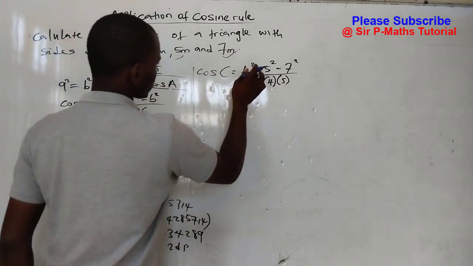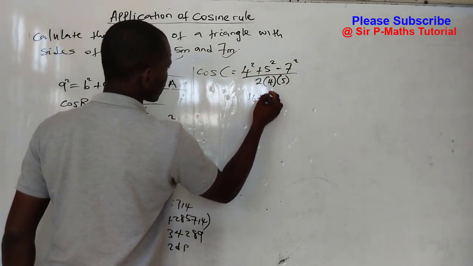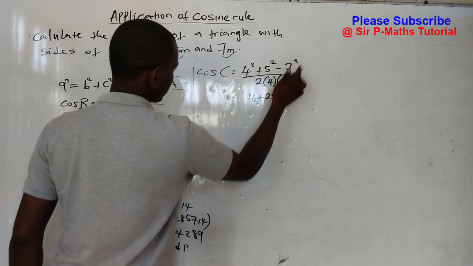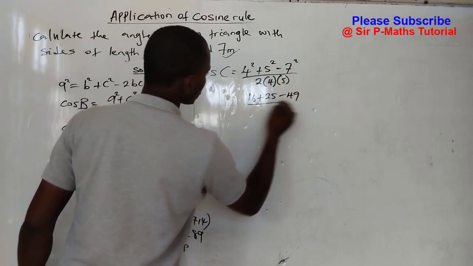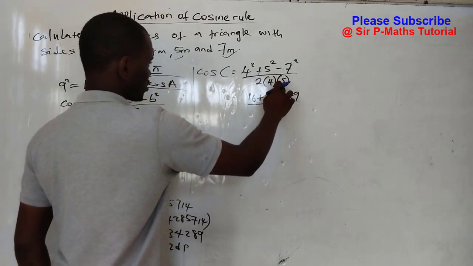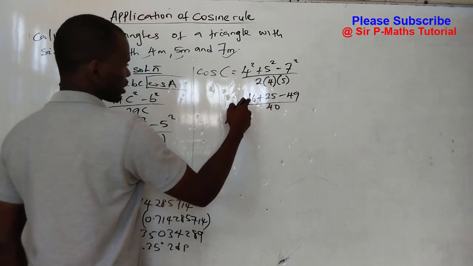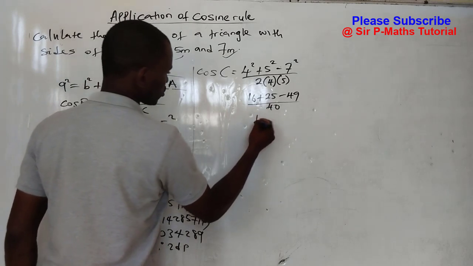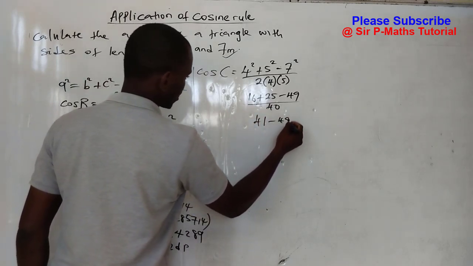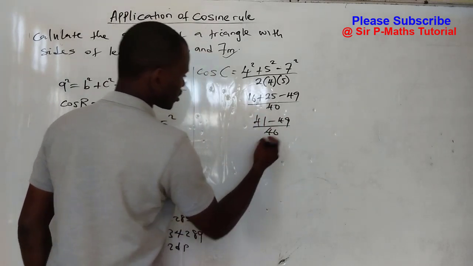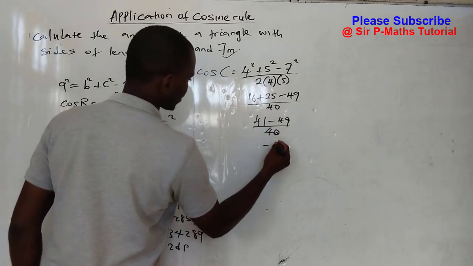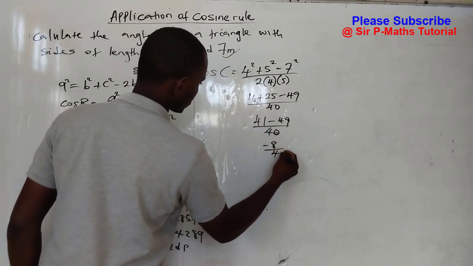Then we expand everywhere. 4 squared means 16 plus 25 minus 49 over 4 times 5 is 20, times 2, 40. Alright, we add here plus here will give me 41 minus 49 over 40. Then we subtract, we will have minus 8 over 40.